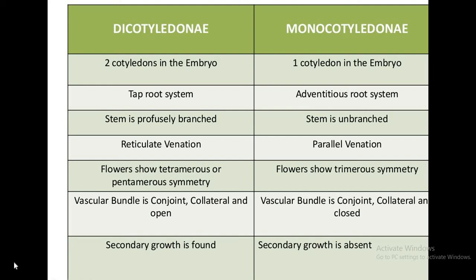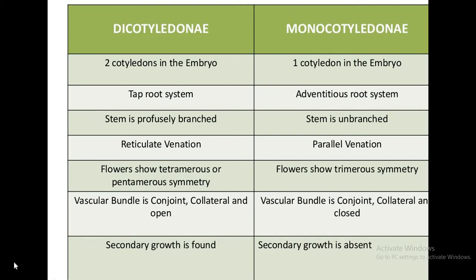That means it is a monocot. In the same way, if you have seen a lily flower, children, the lily has 6 petals, 3 plus 3. So you just count, if you have a flower, how to find out whether it is a dicot or a monocot? Count the number of sepals and the petals. If the sepals and the petals are in multiples of 4 or 5, it is a dicot. If they are in multiples of 3, it is a monocot.